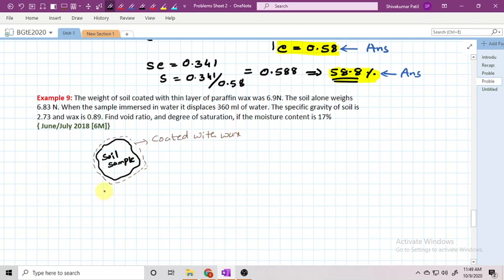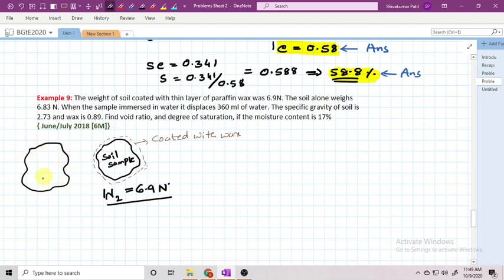So what is the weight? Let me take it as W2, 6.9 Newton, sample plus wax. The soil alone weighs 6.83 Newton.